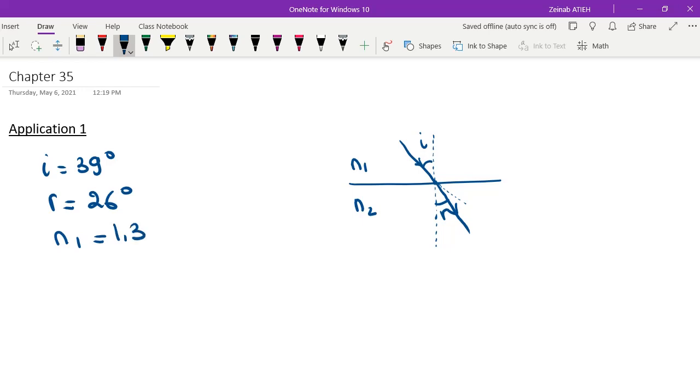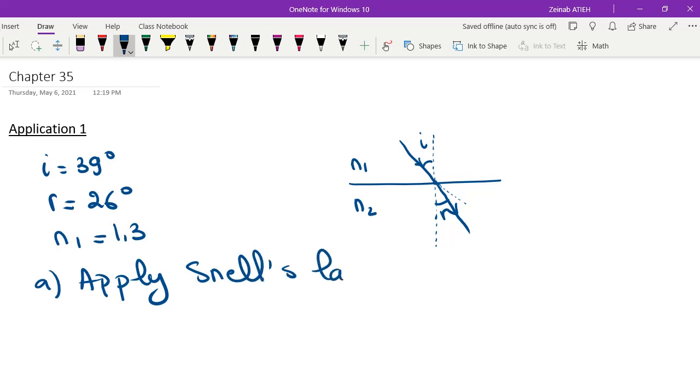Okay, N1 was given to be 1.3. He's asking to find N2. So simply we will apply Snell's law, which says N1 sine I equals N2 sine R. You can call them theta 1, theta 2, I or R, anything you like.